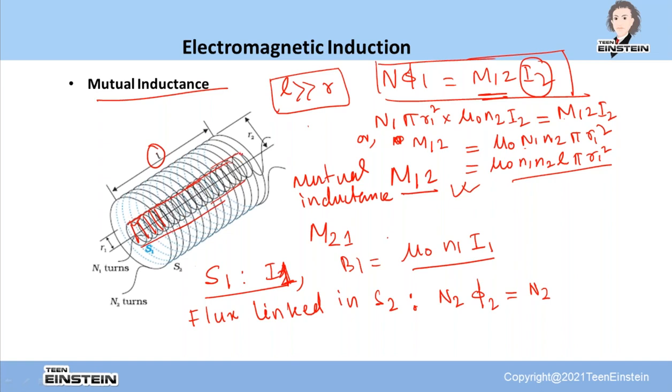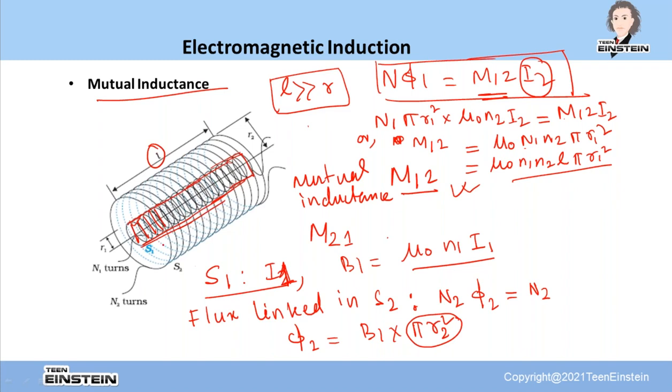The magnetic field outside the solenoid is 0. That's why you have to be very careful while calculating phi 2. So phi 2 you cannot write as B1 into pi R2 square, because this is not the area which is exposed to the magnetic field.